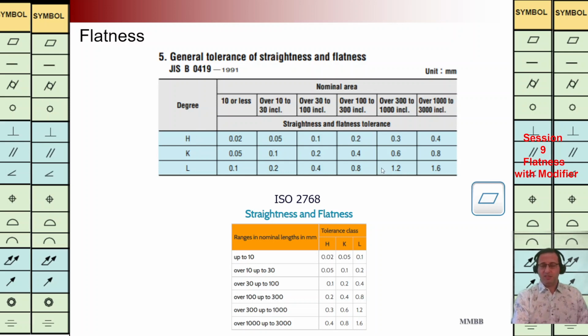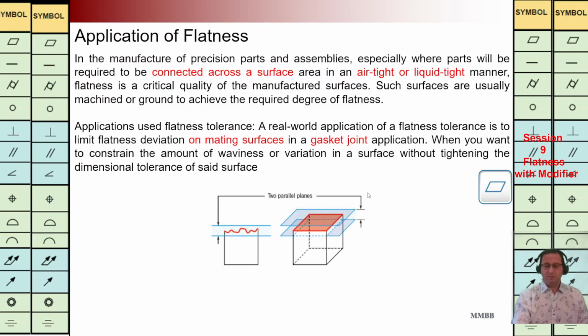Based on application, we are going to use the class of that surface. If, for example, two flanges see each other based on the cargo in that, let's say, pipe, we are going to use different gasket, and for sure we need to use this flatness symbol.